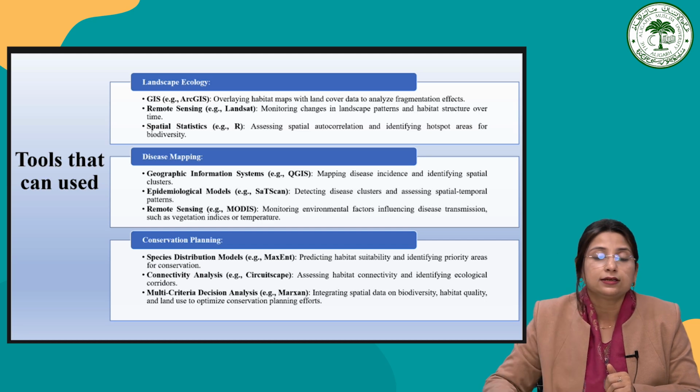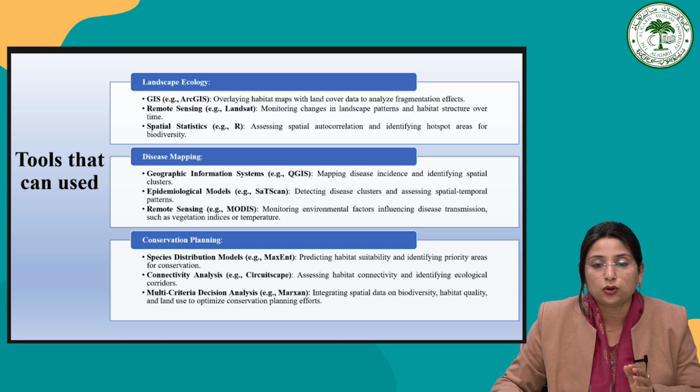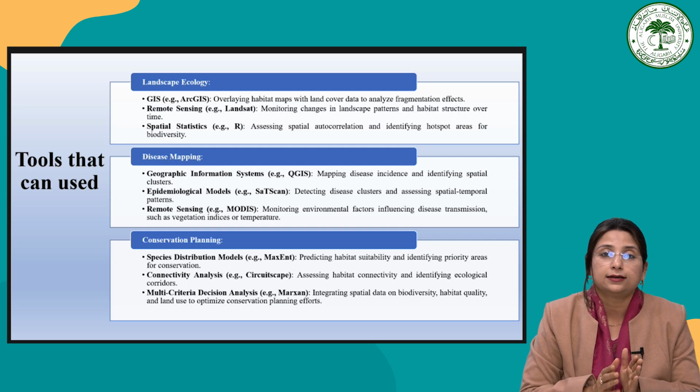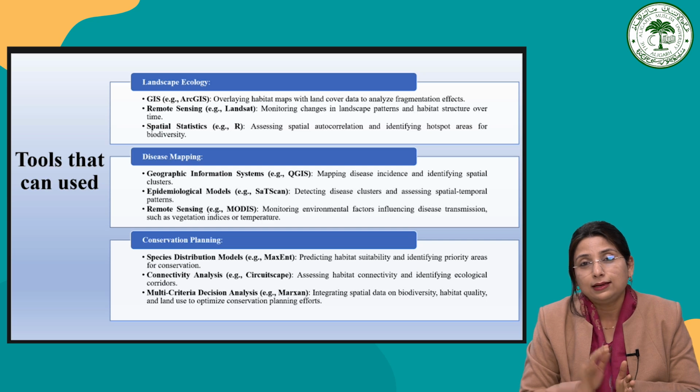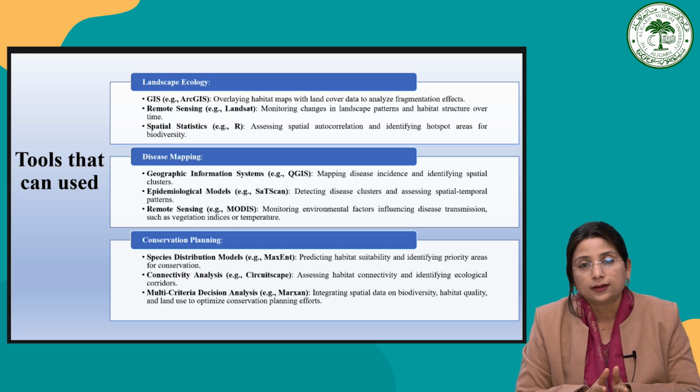In GRASS GIS, we can have terrain analysis also, and this is very useful in characterizing topographic features, and it is also useful in assessing landscape ruggedness, whether it is a rugged landscape or non-rugged.